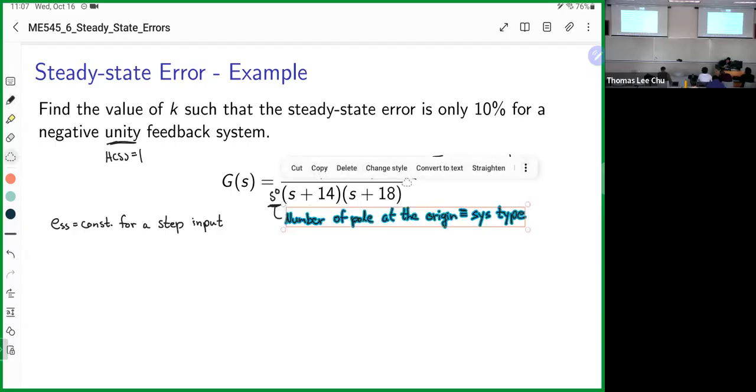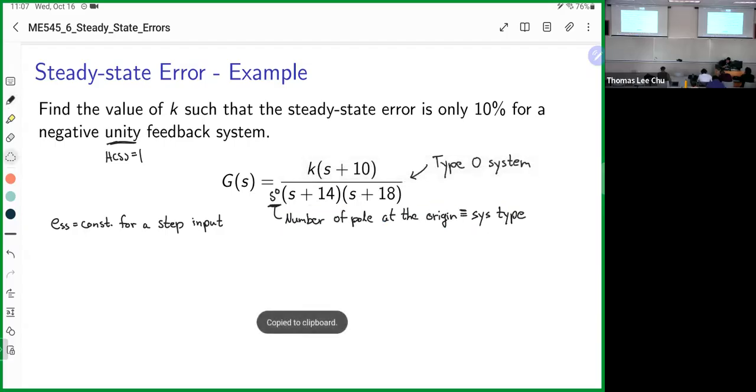I'll move that to the other page as well. And when I say poles, it's going to be your open loop poles, not your closed loop poles, because once you close the loop here, your poles at the origin will no longer be at the origin.